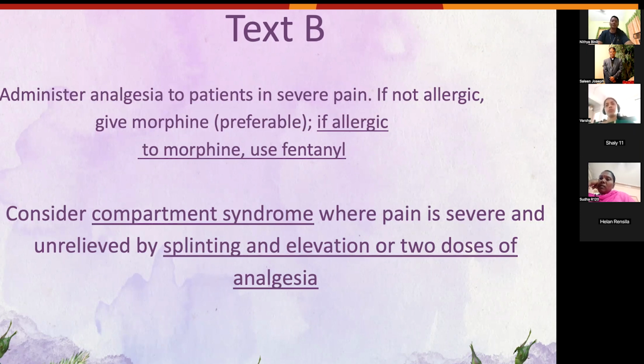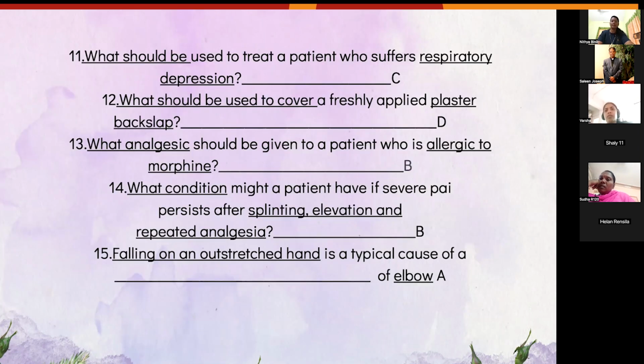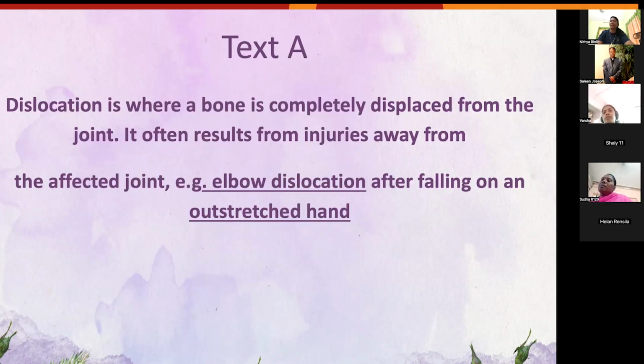When we move to the 15th question: falling on an outstretched hand is a typical cause of a dash of the elbow. That is in text A, in the dislocation portion. Dislocation is where a bone is completely displaced from the joint. It often results from injuries away from the affected joint, for example, elbow dislocation after falling on an outstretched hand.